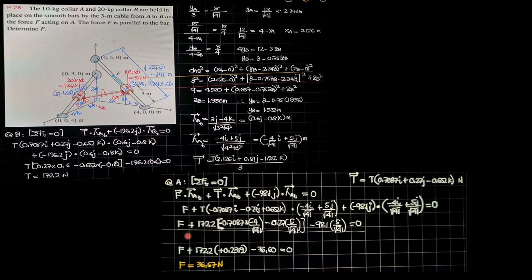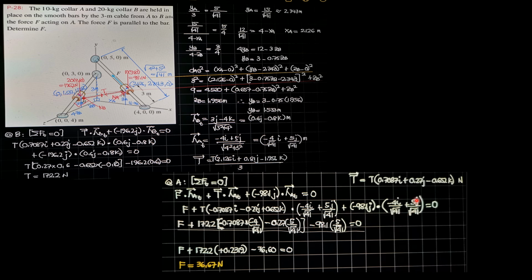So simplifying, we have T, which is 172.2 from this. Then quantity negative 0.7087 times negative 4 over square root of 41. So this is positive. Then negative 0.27 times 5 over square root of 41. So the rest would be 0. Then minus negative 98.1j.